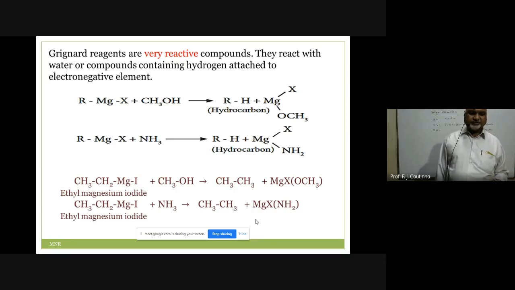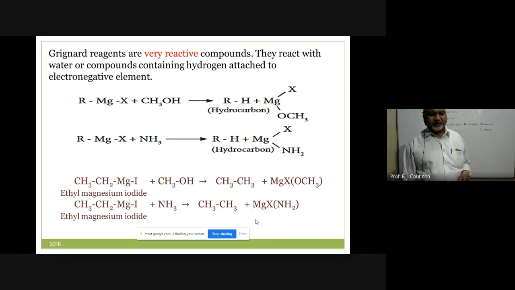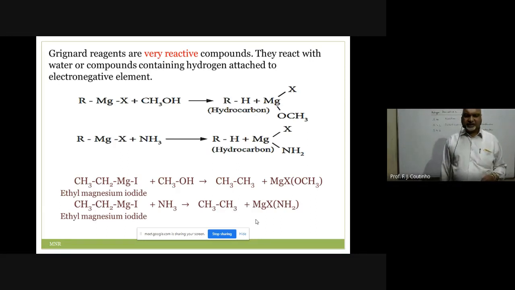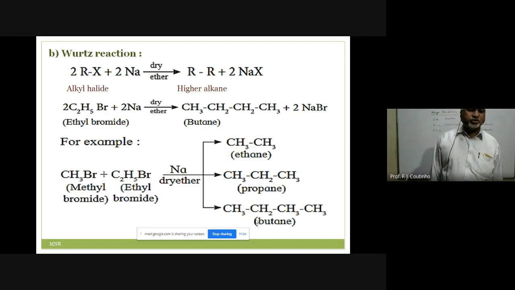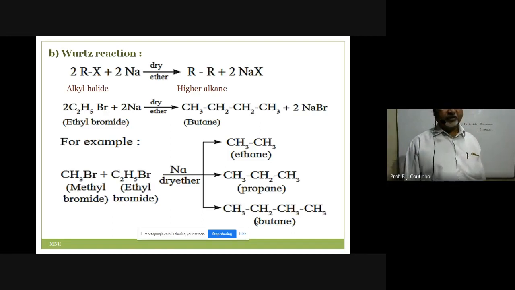So if you take ethyl magnesium iodide, finally you get ethane and a magnesium complex. Also, ethyl magnesium iodide treated with ammonia gives a magnesium complex. This explains the affinity of hydrogen for magnesium. As we said, magnesium is very reactive. Sodium is also reactive, and that's why sodium is treated with alkyl halide.